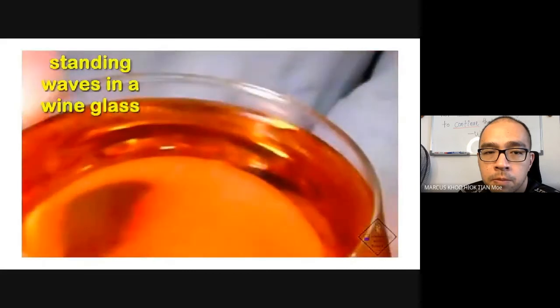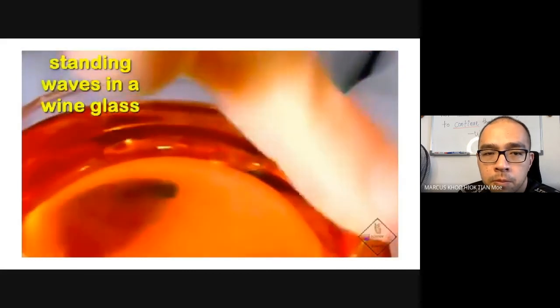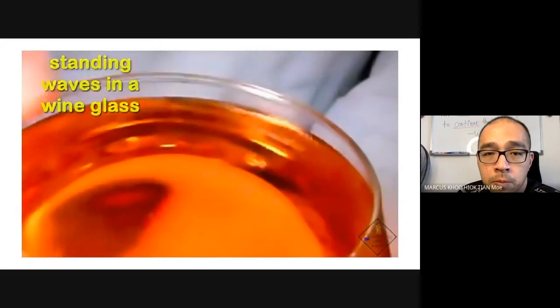If you look closely at the edge of the water in a resonating glass, you can see standing waves being created.